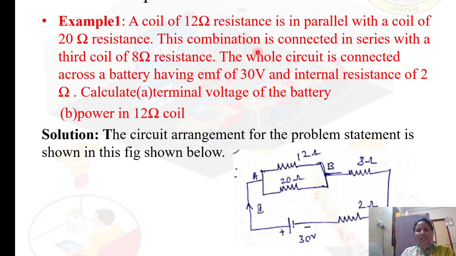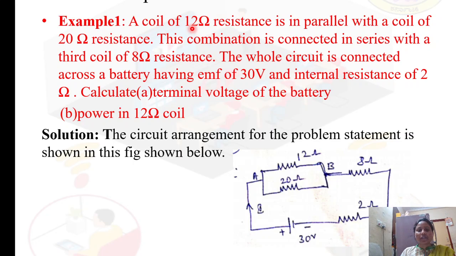This combination is connected in series with a third coil of 8 ohm resistance. The whole circuit is connected across a battery having an EMF of 30 volts and internal resistance of 2 ohm. Calculate the terminal voltage of the battery and the power in the 12 ohm coil. From this problem statement, we will have to draw the circuit diagram first.